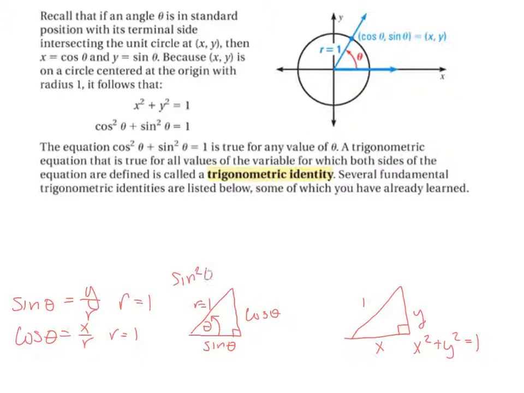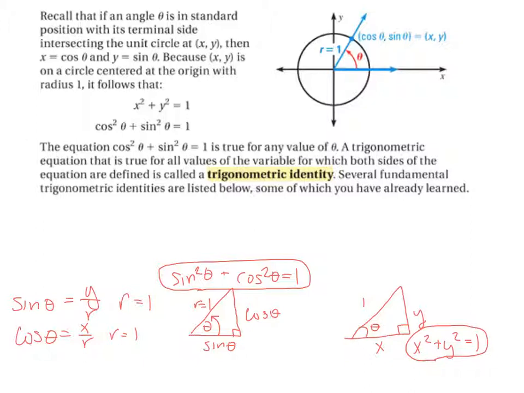Sine squared theta plus cosine squared theta equals 1. This right here is true for any value of theta. We just have a right triangle.